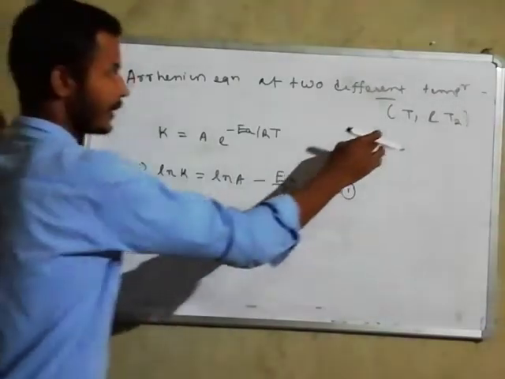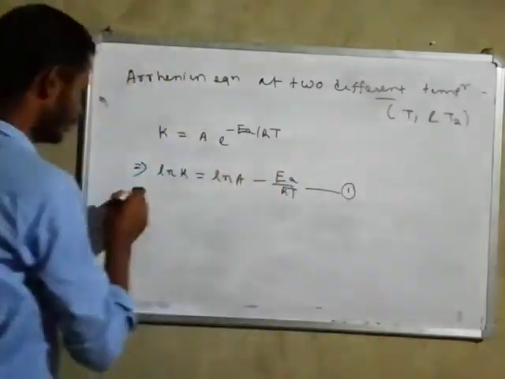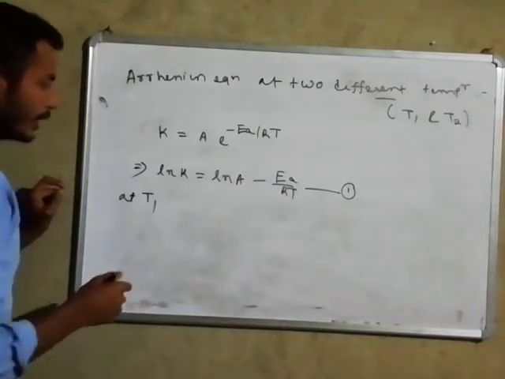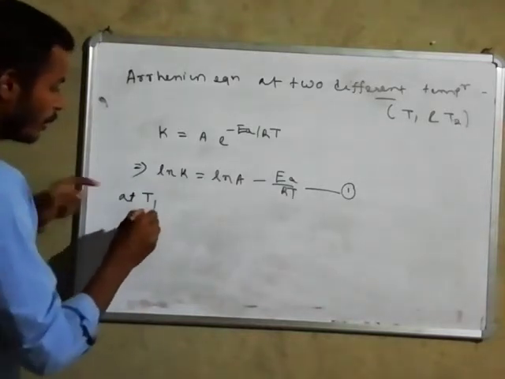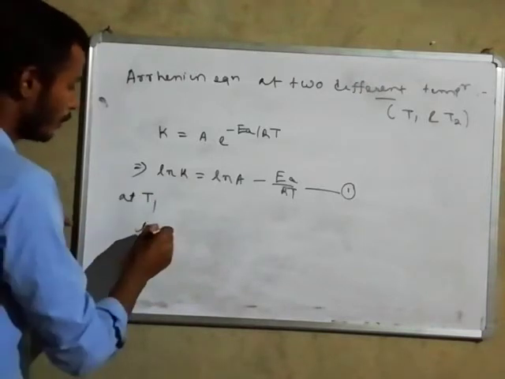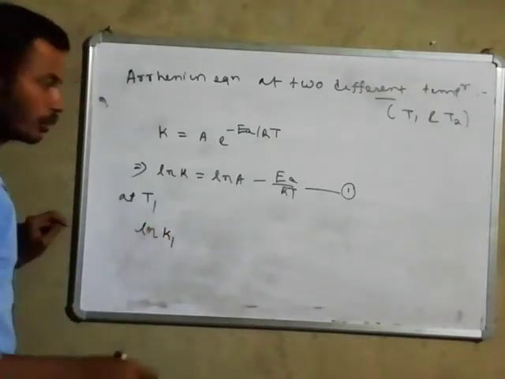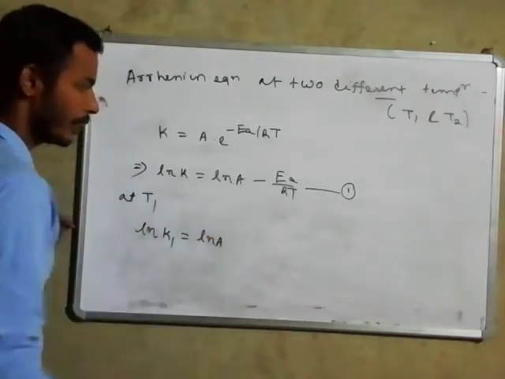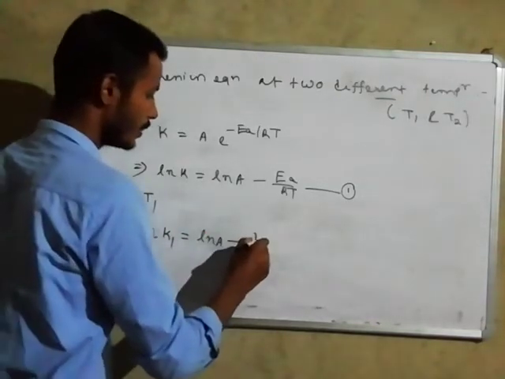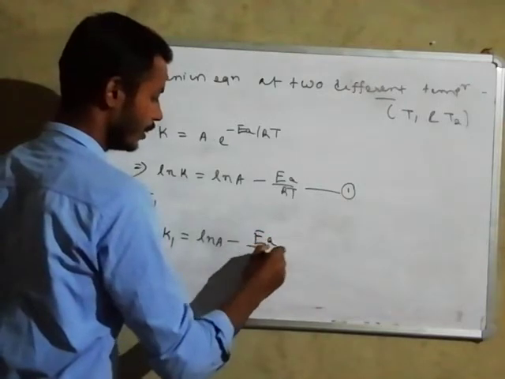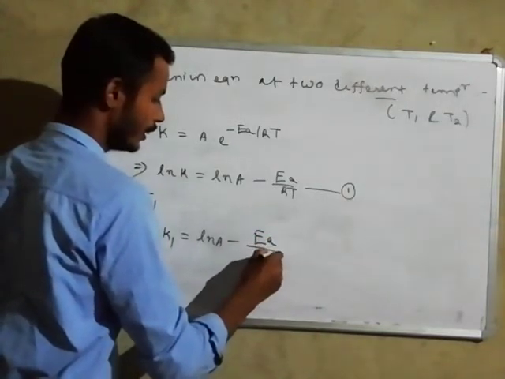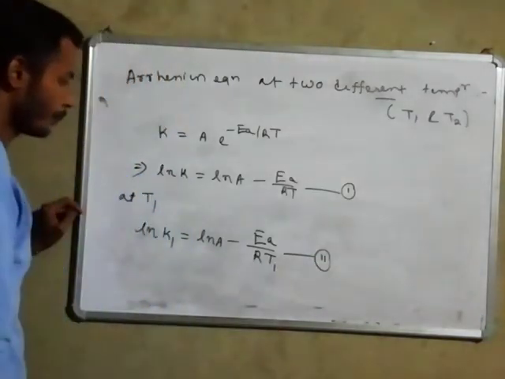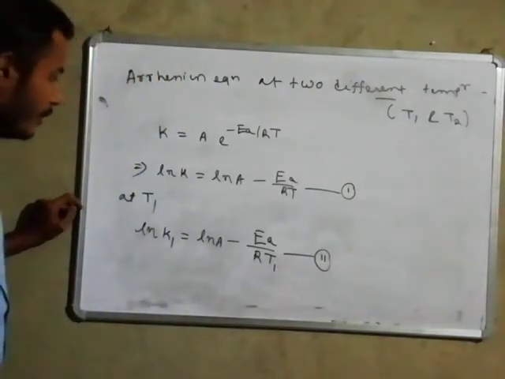Now what are the temperatures? T1 and T2. So at T1, k will be replaced by k1. So ln k1 is equal to ln A minus Ea by RT1. This is equation 2.